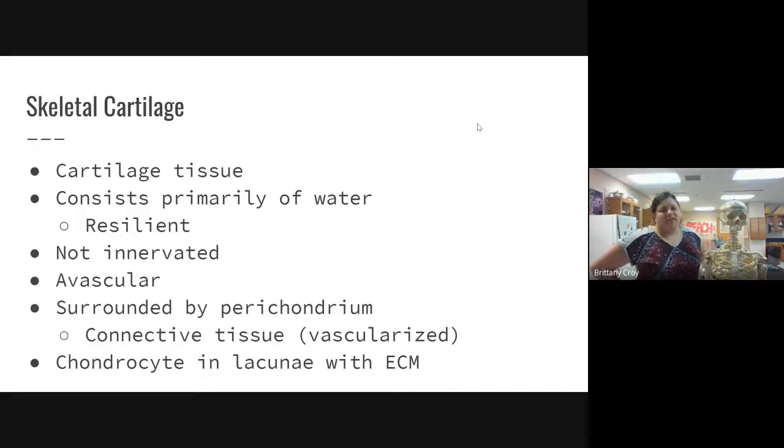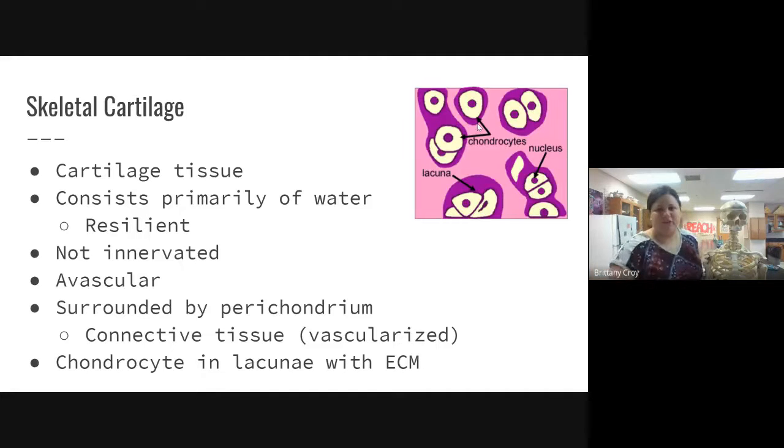And all cartilage has chondrocytes. Cytes means cell. So chondrocyte is just a fancy way of saying cartilage cell. And they're found in a lacuna. So take a look at this image. The yellow thing right here, that's a cell. The purple part inside of it is the nucleus, that's the chondrocyte.